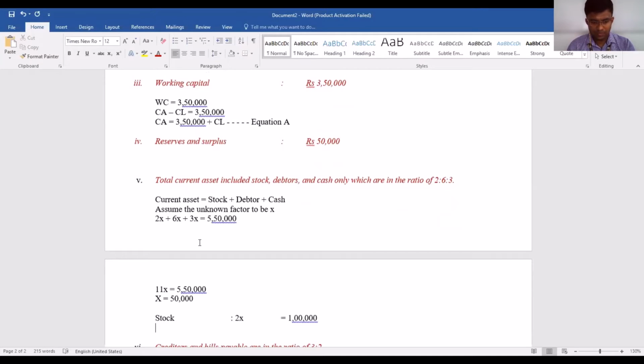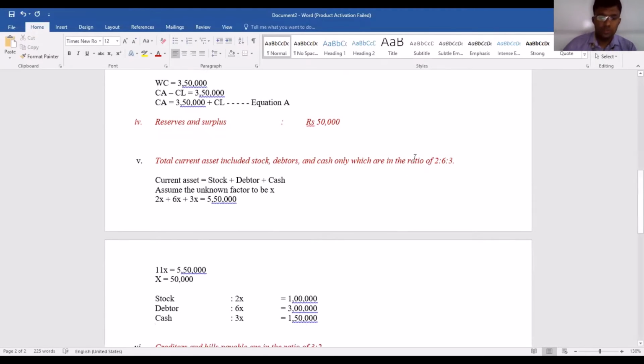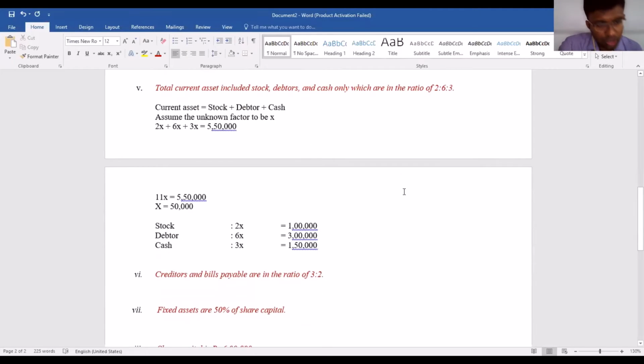Next we have debtor, and debtor is 6x, and 6x is 3 lakh. Then we have cash, and cash is 3x, and 3x is 1,50,000. So we've got the value of stock, debtor, and cash.